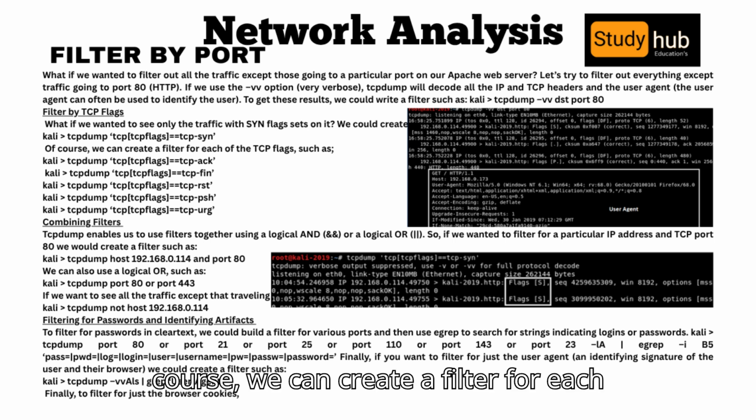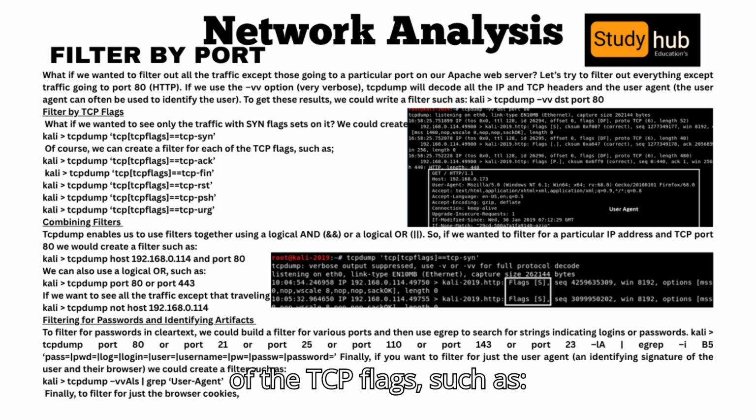Of course, we can create a filter for each of the TCP flags, such as kali > tcpdump 'tcp[tcpflags] == tcp-ack', kali > tcpdump 'tcp[tcpflags] == tcp-fin', kali > tcpdump 'tcp[tcpflags] == tcp-rst', kali > tcpdump 'tcp[tcpflags] == tcp-push', kali > tcpdump 'tcp[tcpflags] == tcp-urg'.